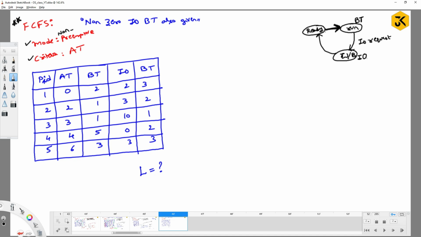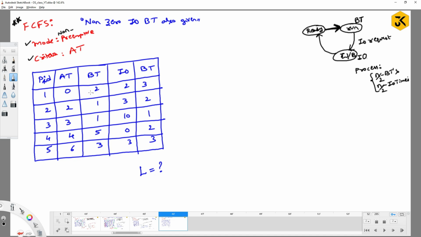So a process can have n burst times as well as n IO times, or I can say n by 2 burst times and n by 2 IO times. Until it satisfies the requirement, it is compulsorily going to do these two things.